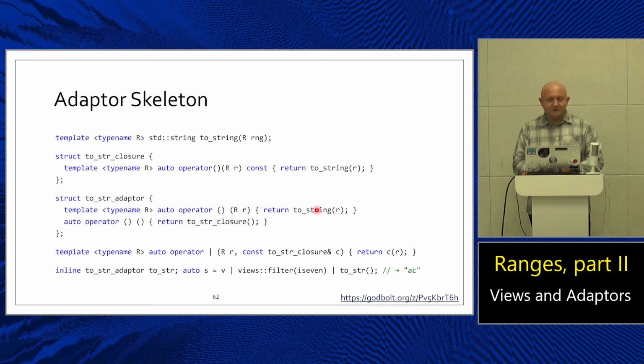And then we introduce this adapter object. Its call operator with a range argument returns toString directly. Its call operator without an argument returns the closure. And then we define the pipe operator outside. The pipe operator taking a range and a closure applies the closure to the range.